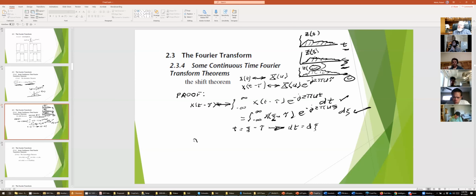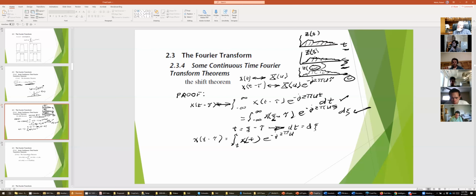So we're left then with x of t minus tau is equal to the integral. Now, before we integrated over c, now we're going to integrate over t again. And c minus tau is equal to t, so this becomes an x of t. And then we have an e to the minus j 2 pi u.